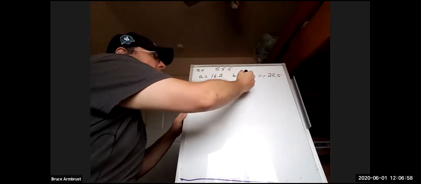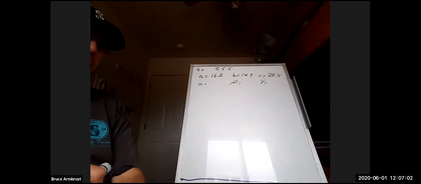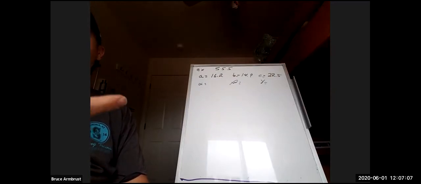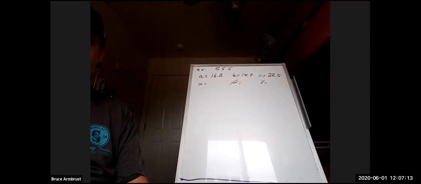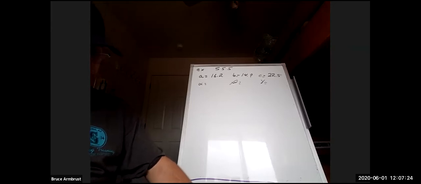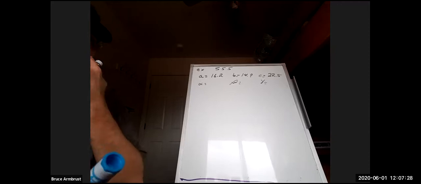So in order to find one of the angles, we're going to have to use the law of cosines. So the question is, which one? I mean, they're all the same. They all involve A, B, and C. It's just a question of, do we want to find alpha, beta, or gamma? Well, there is one that I recommend that we find, and this is actually going to be gamma.